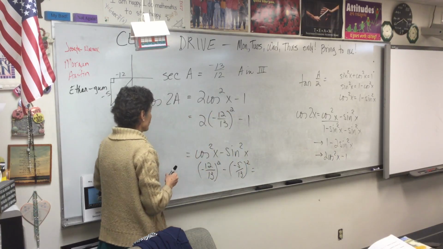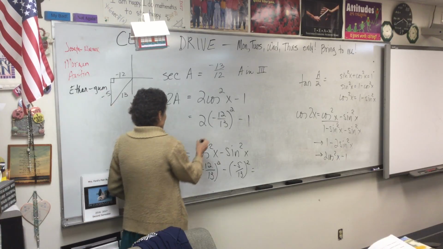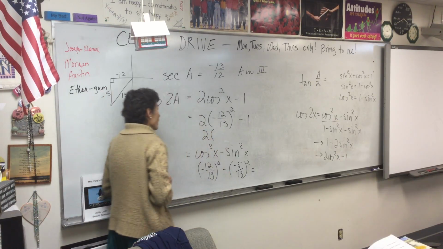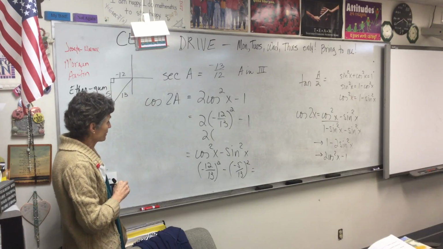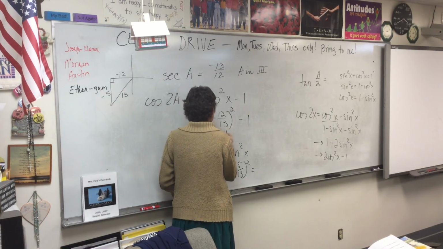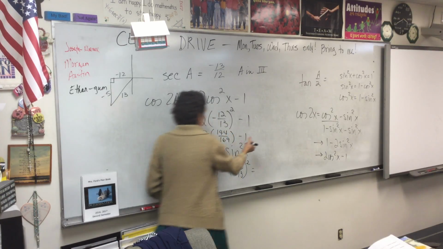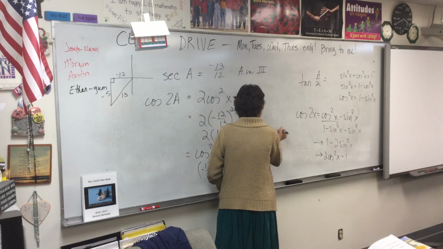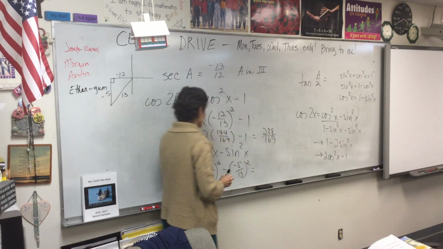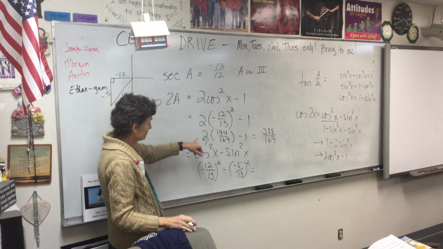Either one's going to work for you, so let's work it out and make sure I'm not lying to you. What's negative 12/13 squared? 144/169. So that would be 288/169. Remember, when you multiply this times 2, it's like 2 over 1.